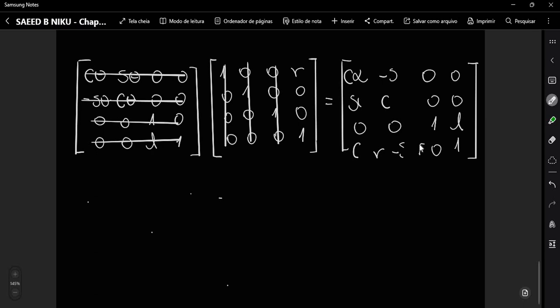Alpha, sine of alpha, right here is alpha, sine of alpha, cosine of alpha, cosine of alpha, minus sine of alpha times r.